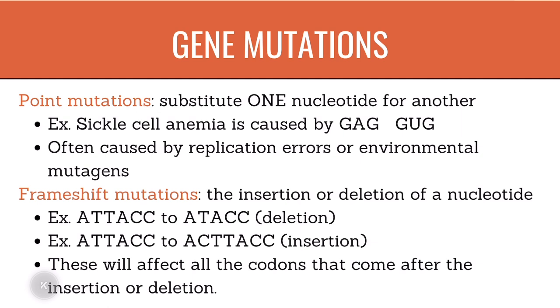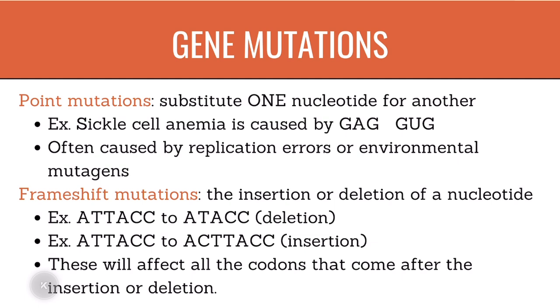Within gene mutations, I can kind of subdivide those into two categories: point mutations and frameshift mutations. Point mutations are where you substitute a single nucleotide for another. So for example, sickle cell anemia is caused by the original DNA nucleotide sequence being GAG, guanine, adenine, guanine, and instead the mutated sequence is GUG, guanine, uracil, guanine.